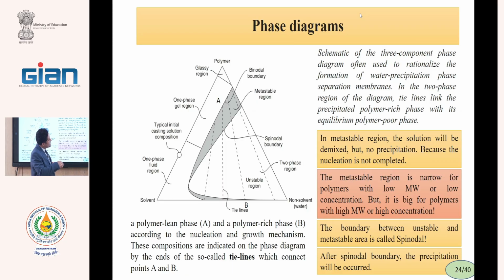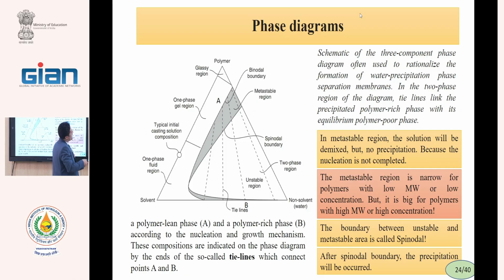When the composition reaches this area, the liquid becomes solid. In this area, we have a solid membrane. In this area, we have a turbid region. As you see in the video, first, when we put the membrane in the water, the color changes. The film first turns turbid, and next becomes white. Okay?